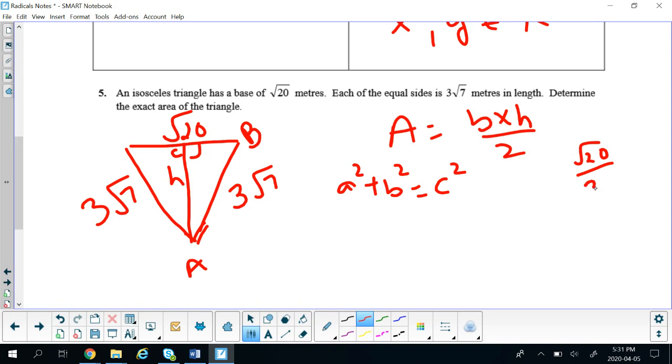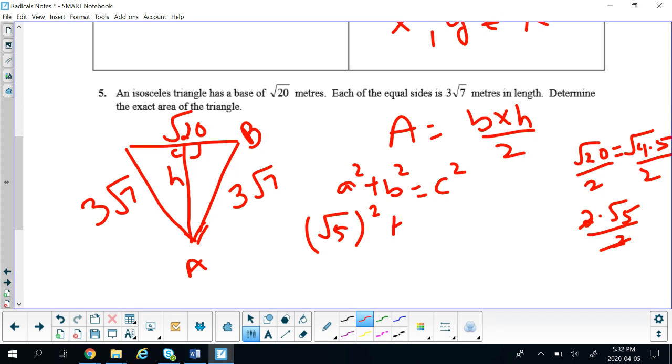I'm gonna take half of it. That is equal to square root of 20 can be written as 4 times 5 divided by 2. So square root of 4 is 2 times square root of 5 by 2. That becomes square root of 5.